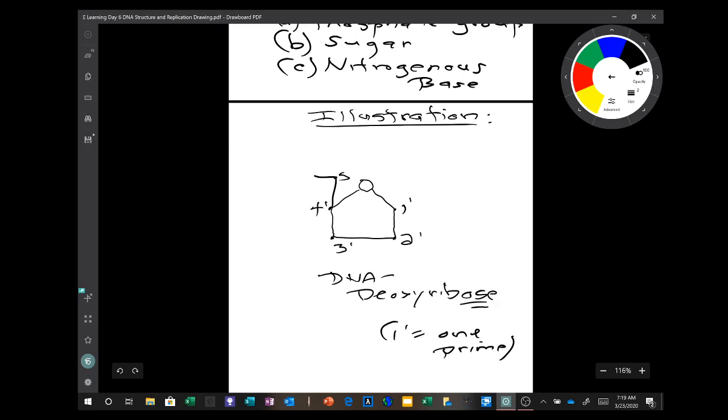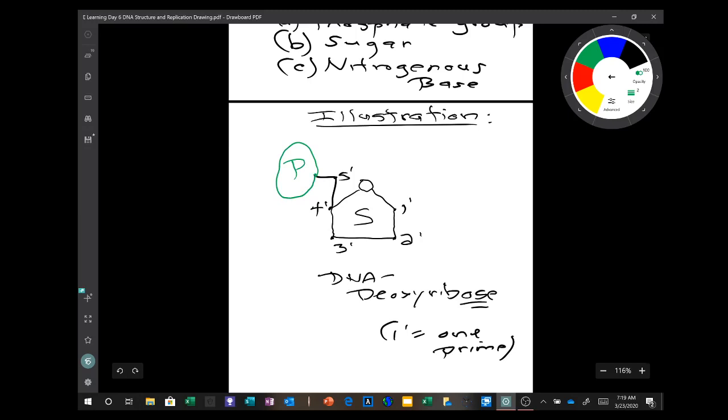And this right here is the 5 prime carbon. And then this is the sugar. Over here on the left is going to be the phosphate group, and I'll just dub that as P.